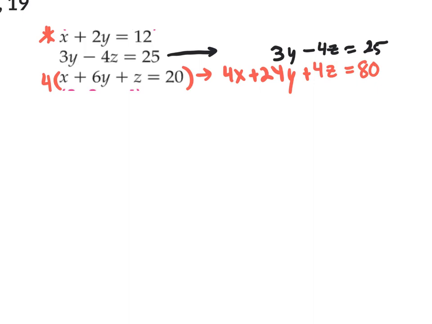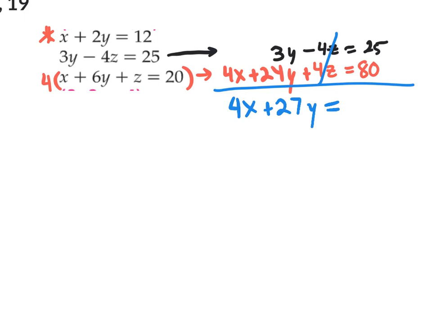Okay, so let's do that. Let's combine the lines. And when we combine the lines, the z's eliminate. And obviously there's nothing to combine with the 4x, so 0 plus 4x is exactly that, 4x. The 24 plus 3 is 27, and we are talking about y's. The equal sign comes down, and 25 plus 80 is 105.